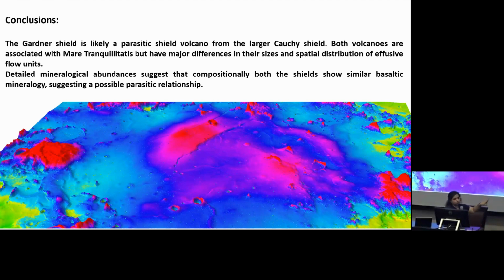But these are topographic highs, so I think it makes more sense to compare the topographic highs to the topographic lows, because these are the shield and it is not the shield. The Lamont Mascon is a subsidence feature. It's not a shield. It's a negative relief feature.